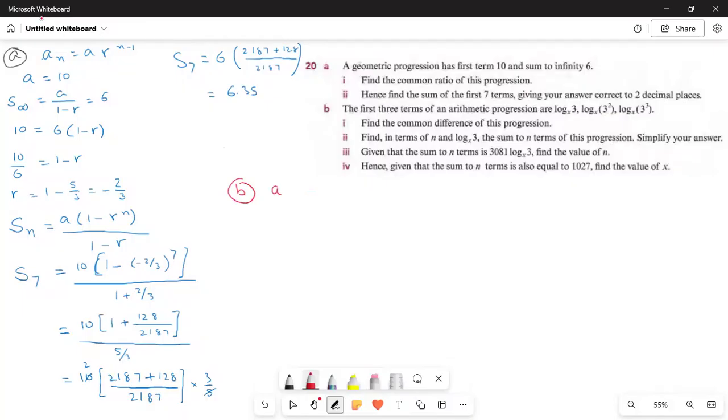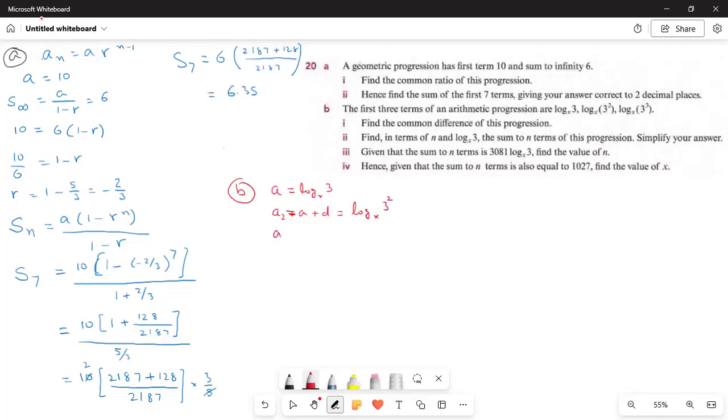So the first term, a, is given as log x 3. The second term, which is a plus d, is log x 3 squared.